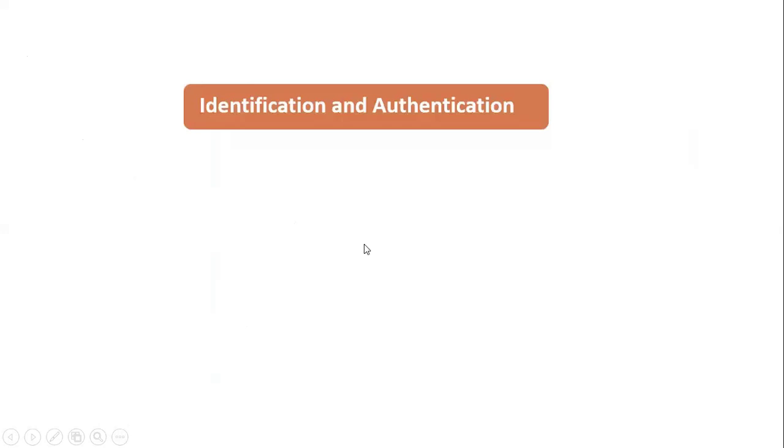Okay. Now the next one is identification and authentication. What is the difference between identification and authentication? Identification is nothing but your observation. By utilizing the reference book, you can identify that particular plant material.